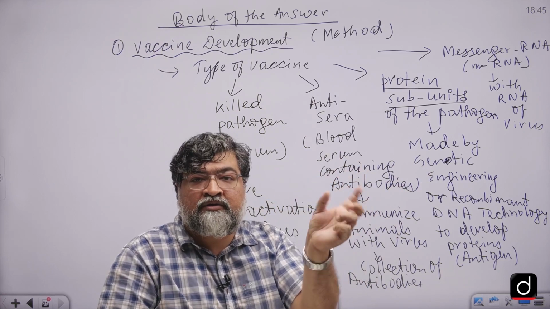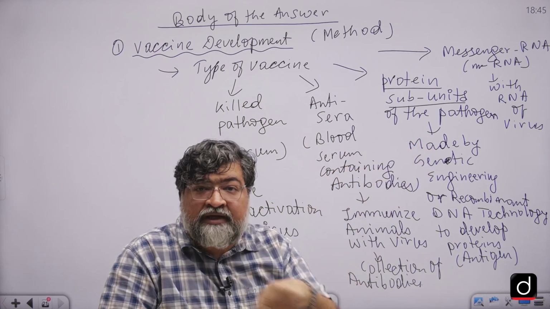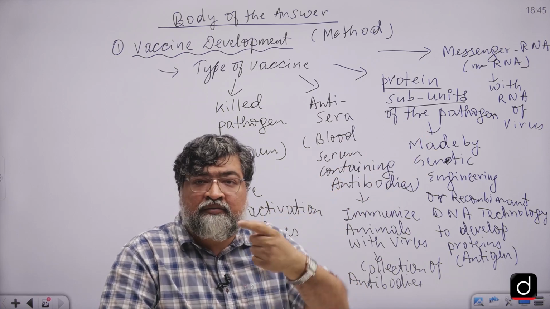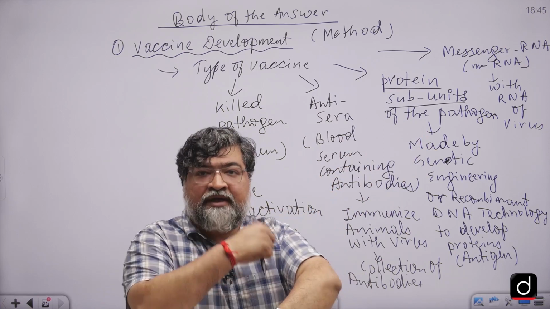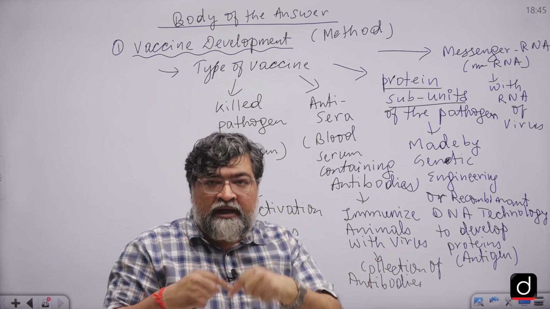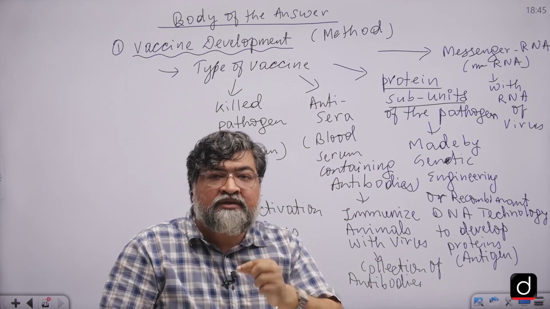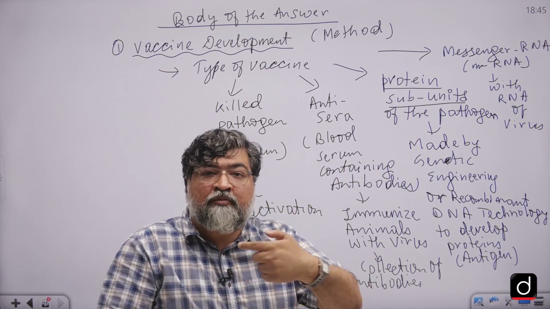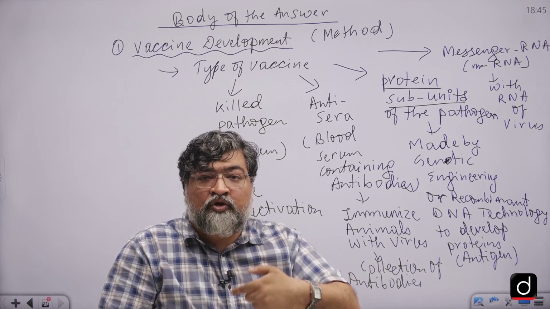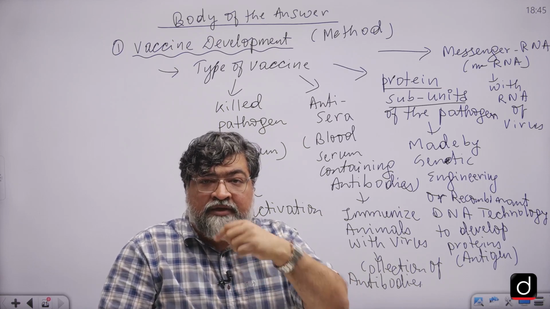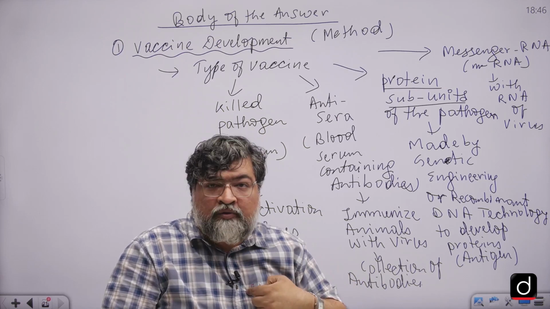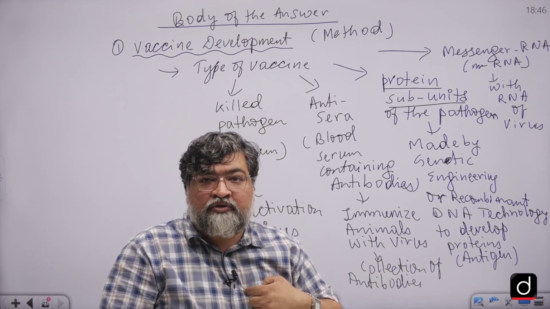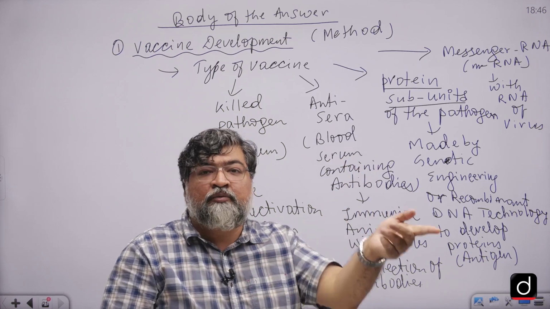The same mRNA of the virus which makes the virus protein is taken as a vaccine. This mRNA helps in building the protein of the virus by the cells of the human body itself, and those proteins become antigens, which produce antibodies by our WBC, our immune system. So if the original virus comes, the antibodies are there.